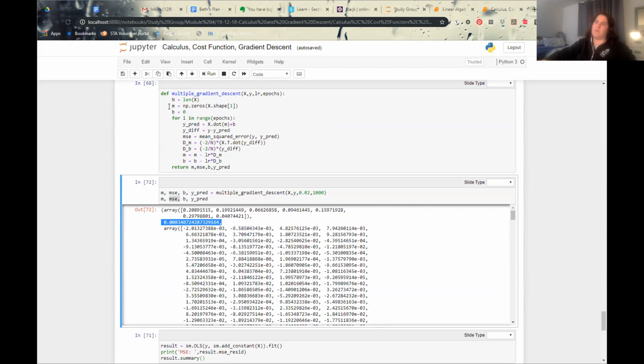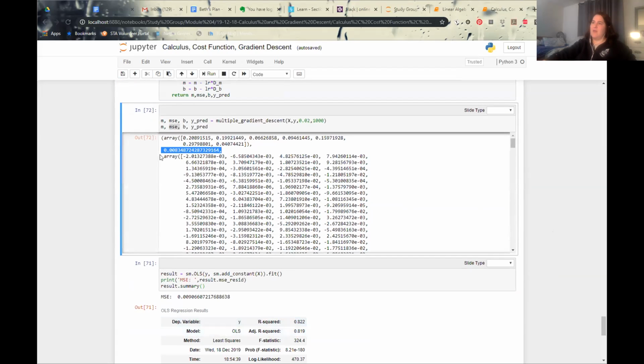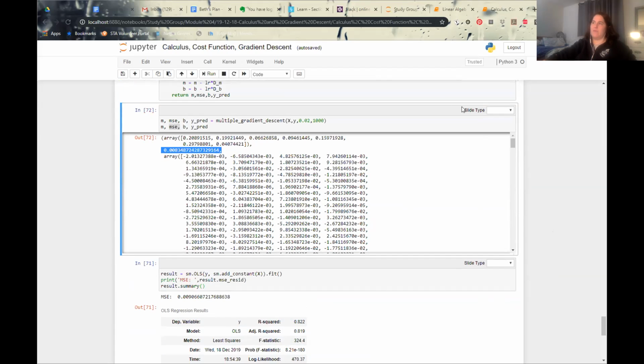This is the multiple gradient descent method. We compared it to the OLS method that we've been using in the past. We found that we got a mean squared error that was a little bit better than the OLS, but at the same time, we didn't also get an R squared with the gradient descent method.